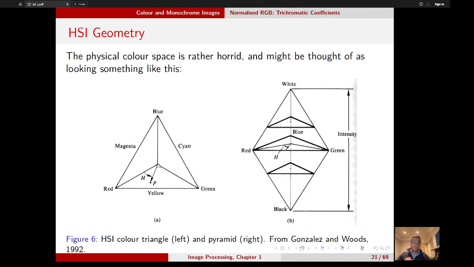S represents saturation, the length of this vector here. So when we get to full saturation, we have solid colors of full intensity red, or full intensity green, or full intensity blue. As saturation decreases, as saturation tends towards 0, the length of this vector changes.